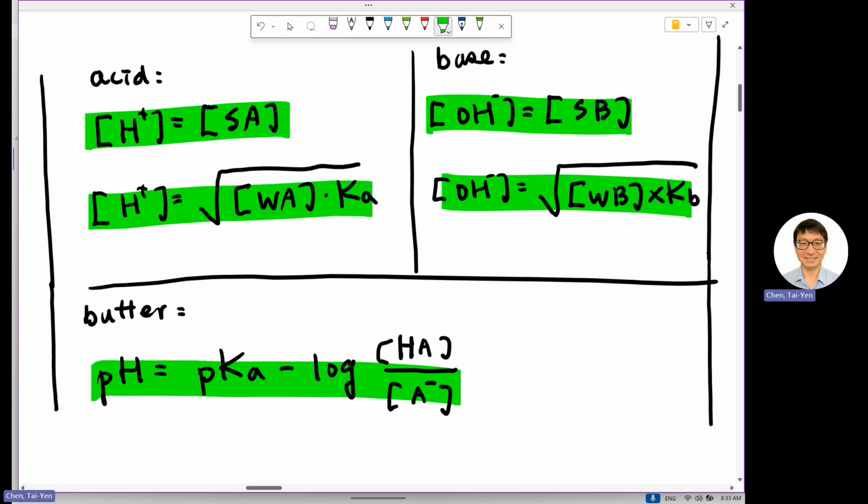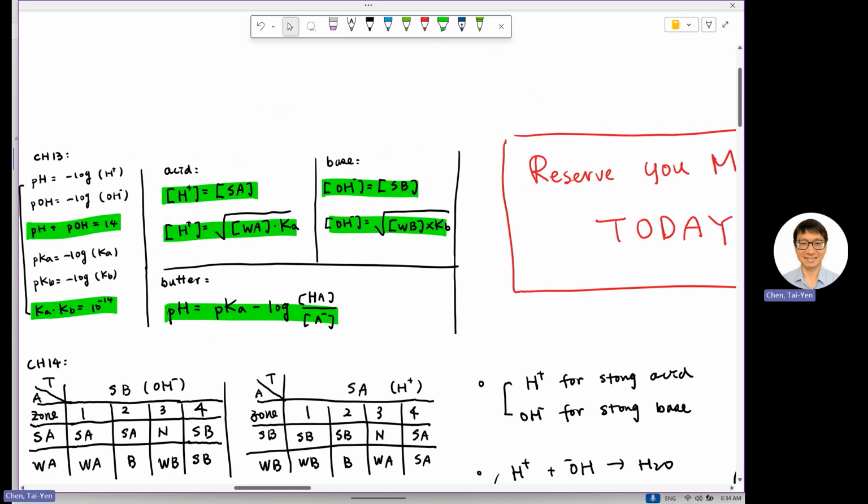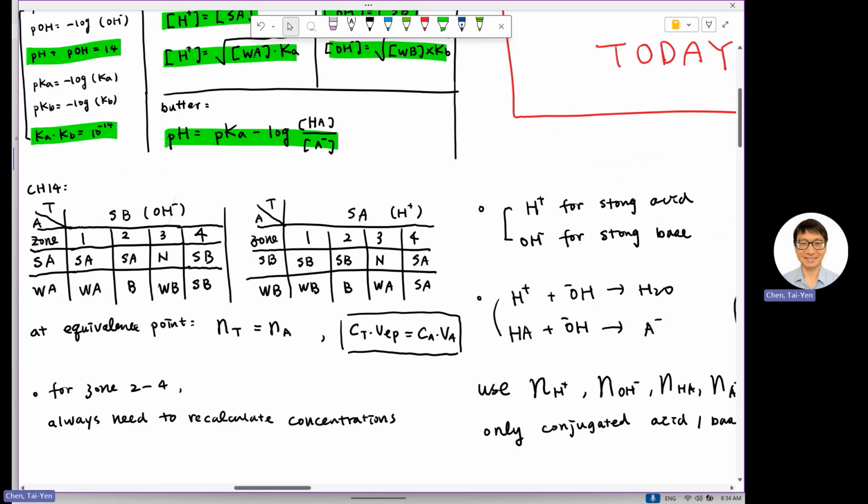The HH equation: pH equals pKa plus log of conjugate base over conjugate acid concentration. That's how you calculate the pH of different solutions. By now you should have no problem memorizing all these equations, because that's not the difficult part. The difficult part is actually chapter 14, right?